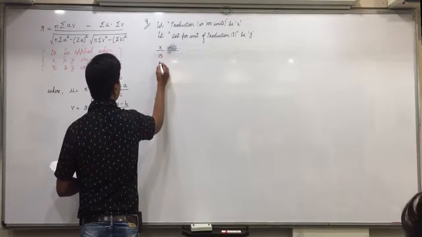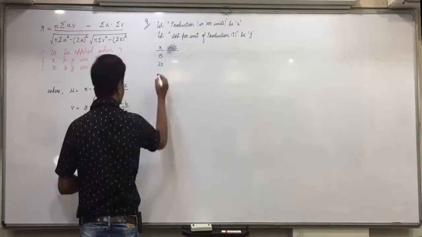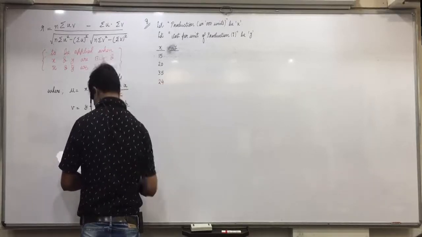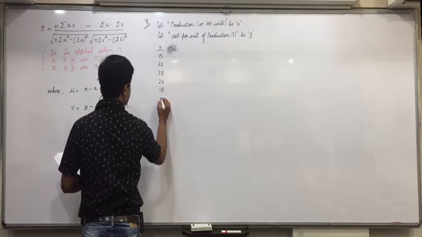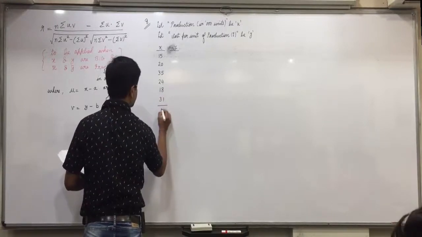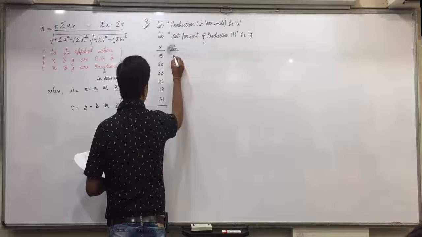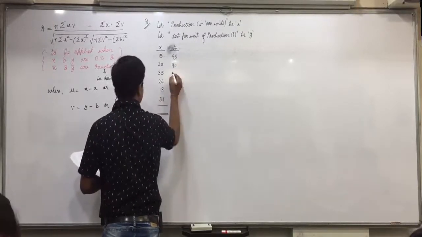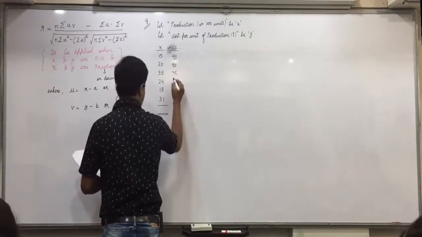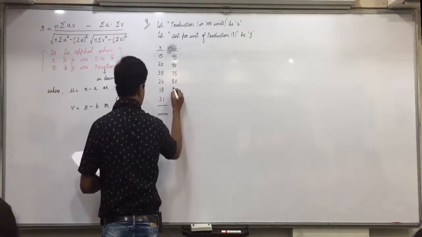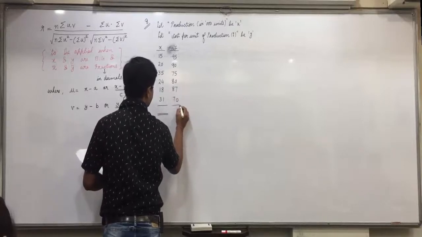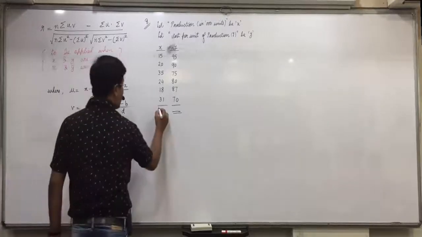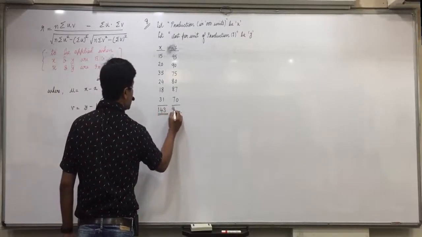X values: 15, 20, 35, 24, 18, 31, total 143. Y values: 120, 95, 90, 75, 80, 87, 70, total 497.